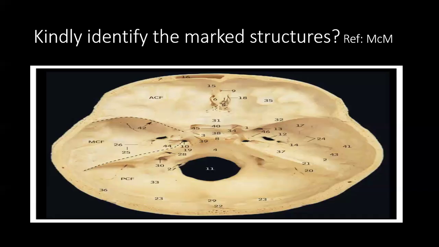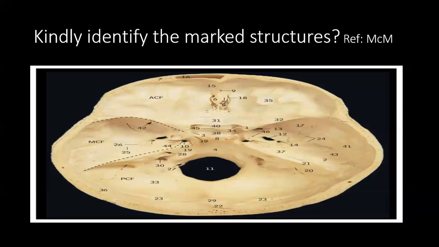Tentorium cerebelli is a fold of the dura mater, and its borders are anteriorly the sphenoid bone, posteriorly the occipital bone, and laterally the petrous part of the temporal bone.